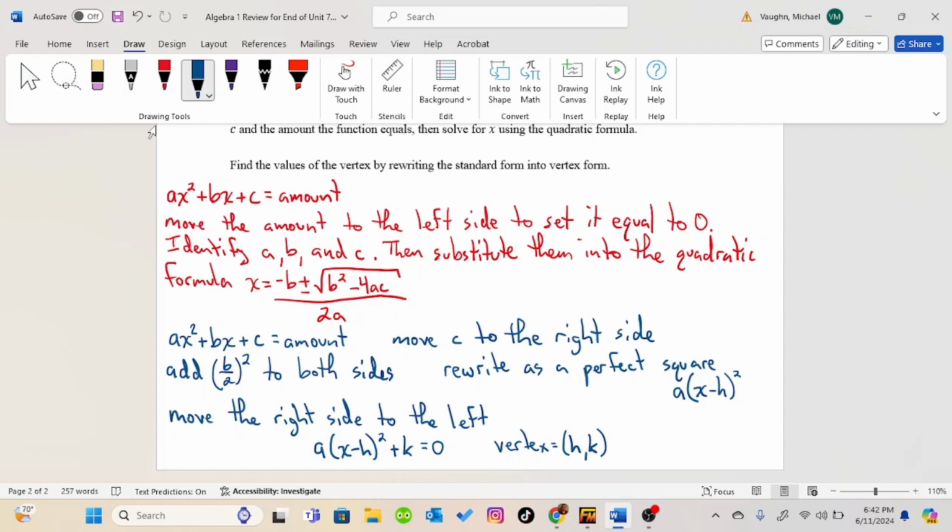If you have any questions about anything on this study guide, be sure to ask questions today because your final test is tomorrow.